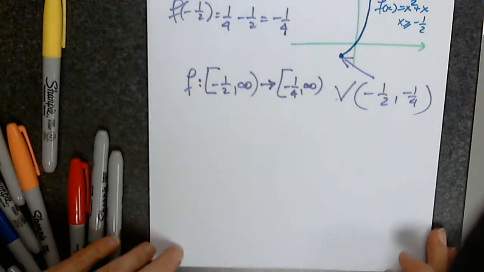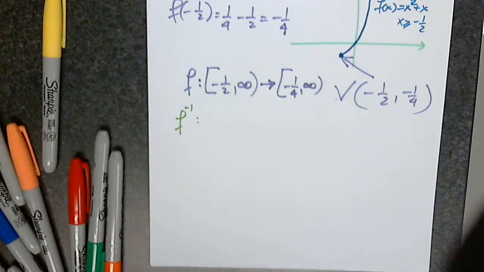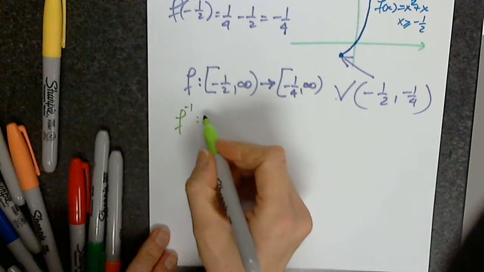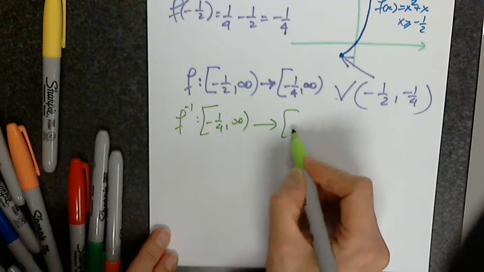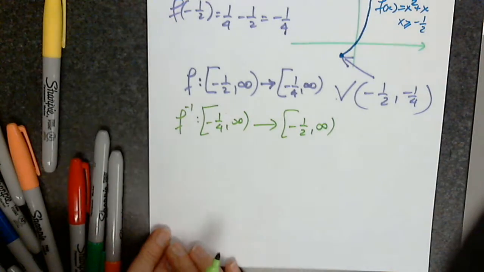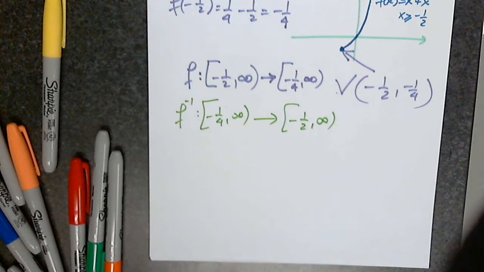I don't know the graph, I don't have the equation, I don't have anything, but I have the domain and range. Exactly. Negative 1/4 to infinity, negative 1/2 to infinity. Absolutely. And now I'm ready to find the inverse.